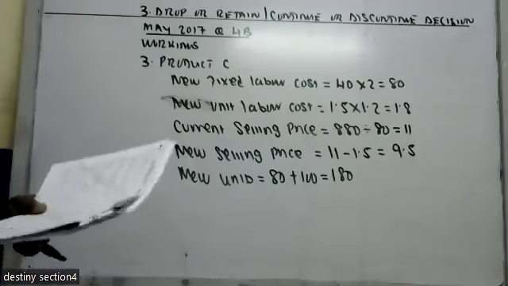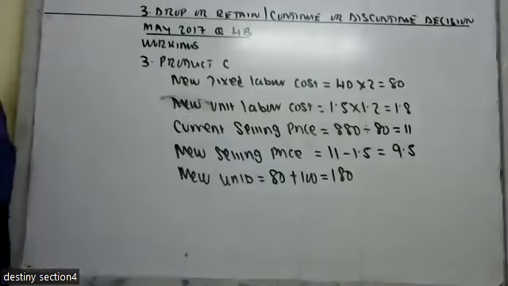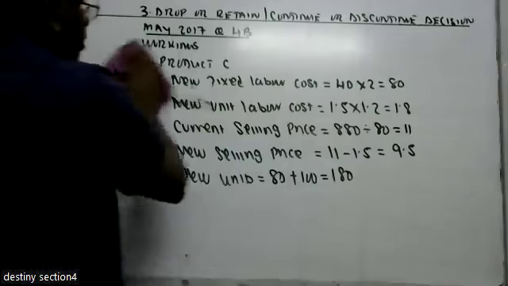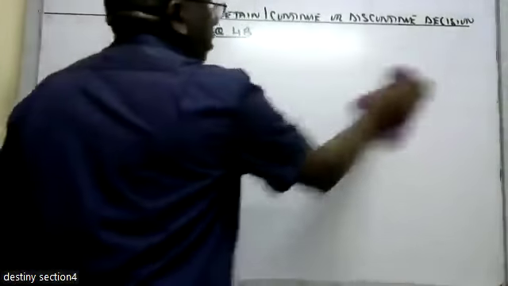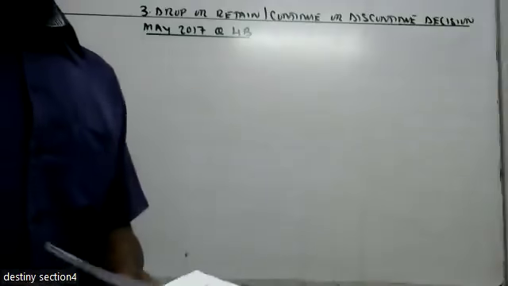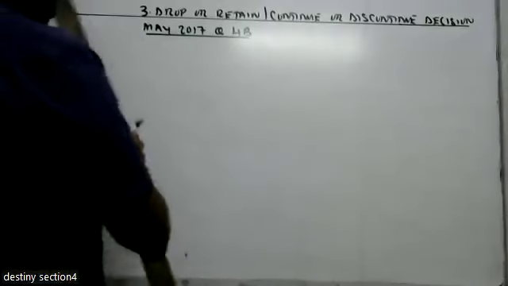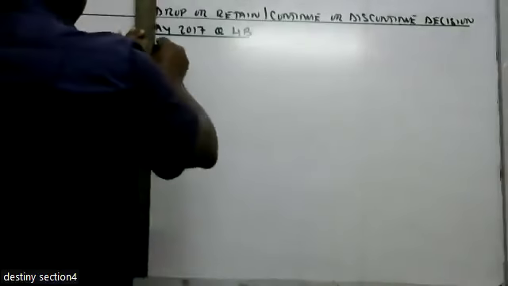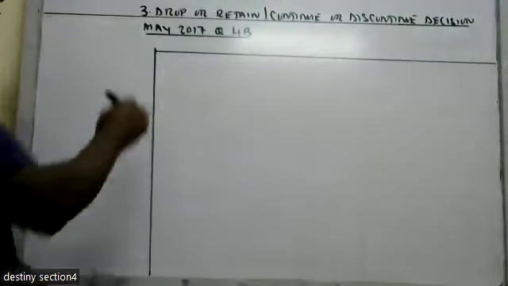Okay. So with that, I think we have worked out the various necessary requirements. So what we are going to do is now to have income statements.